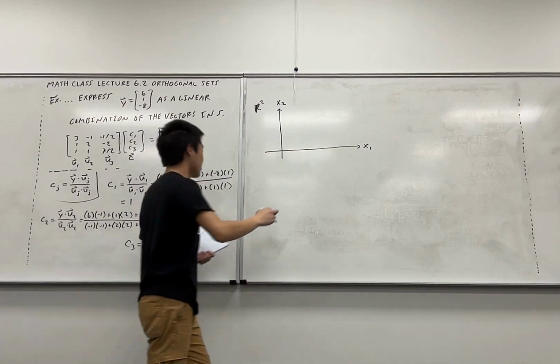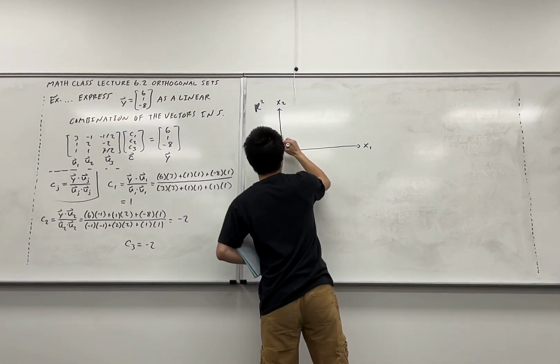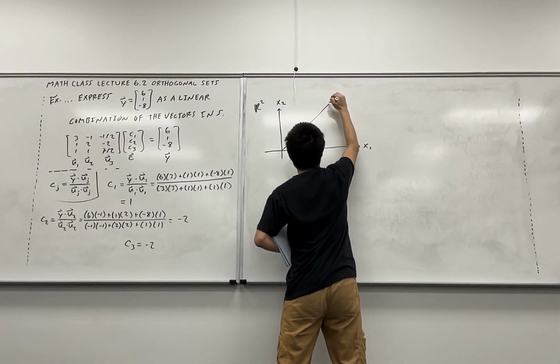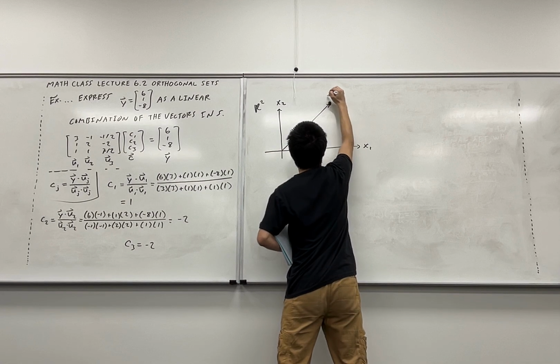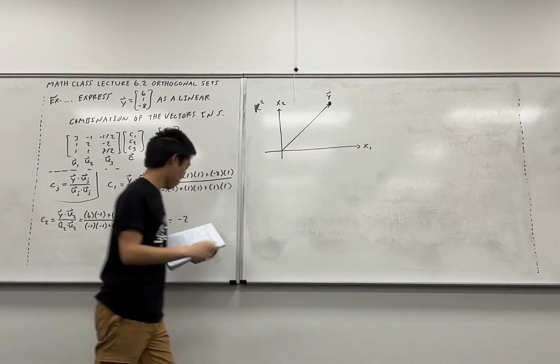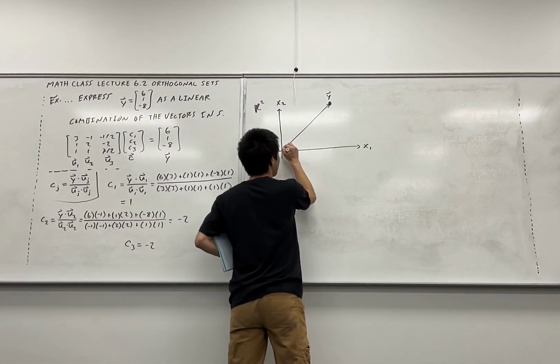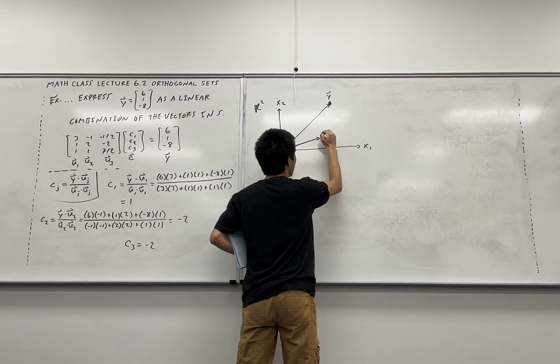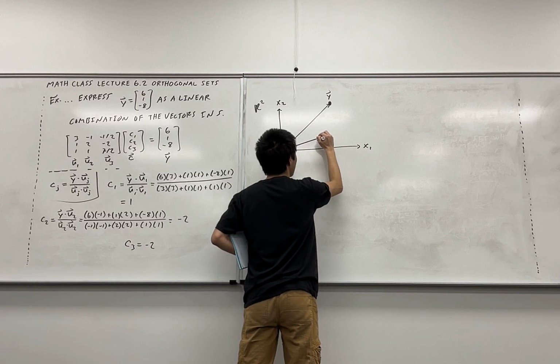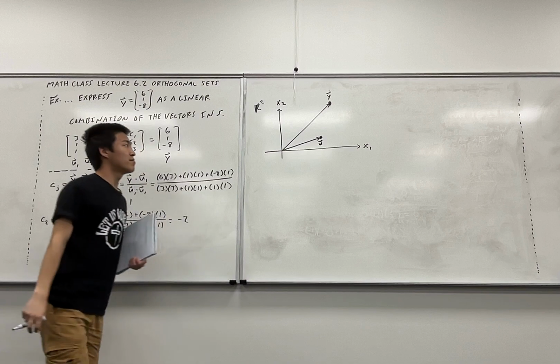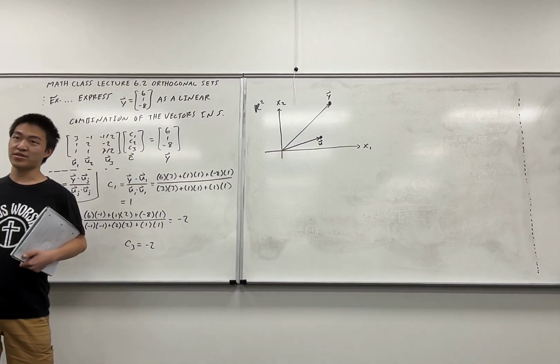And then I have some vector y. Here's my vector y. And say I have another vector, pointing like this, u. So far so good, I just have 2 vectors.